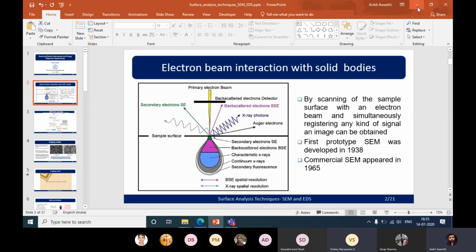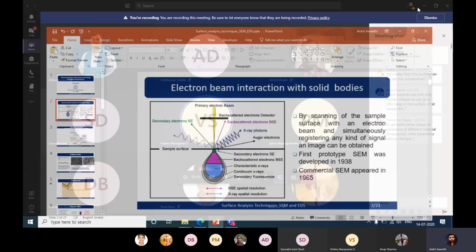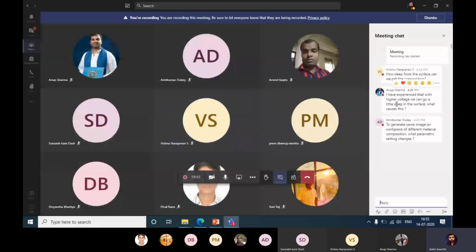Yes, a cross-sectional analysis. Then you have a much clearer idea as compared to if you perform the analysis from the top surface. Okay, thank you.